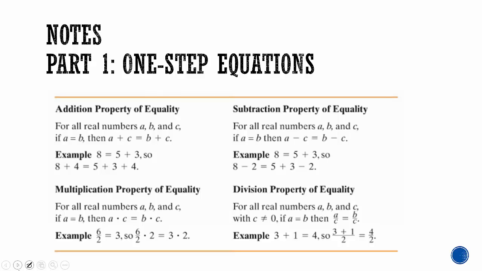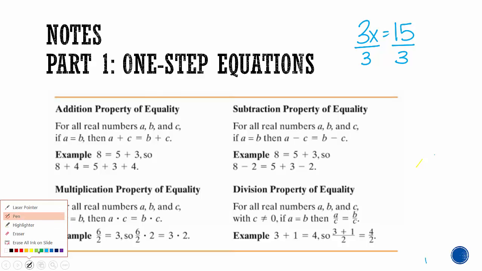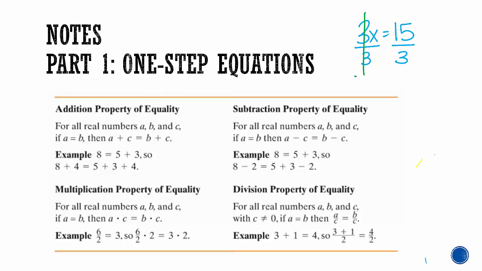We have the addition, subtraction, multiplication, and division properties of equality, which means that if you have an equation like, let's say 3x equals 15, chances are in your head right now you're telling me that x equals 5, but the reason why we can do that is because we can divide both sides by 3. Multiplying by 3 and dividing by 3 really doesn't cross off. I know we always like to say that, but it really gives us a big giant number 1 because we just did the inverse. Multiplying by 3 is the opposite of dividing by 3.